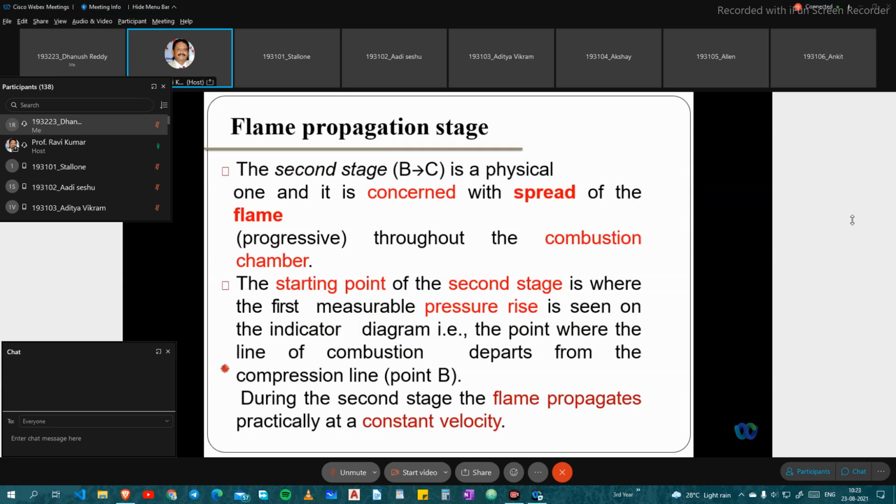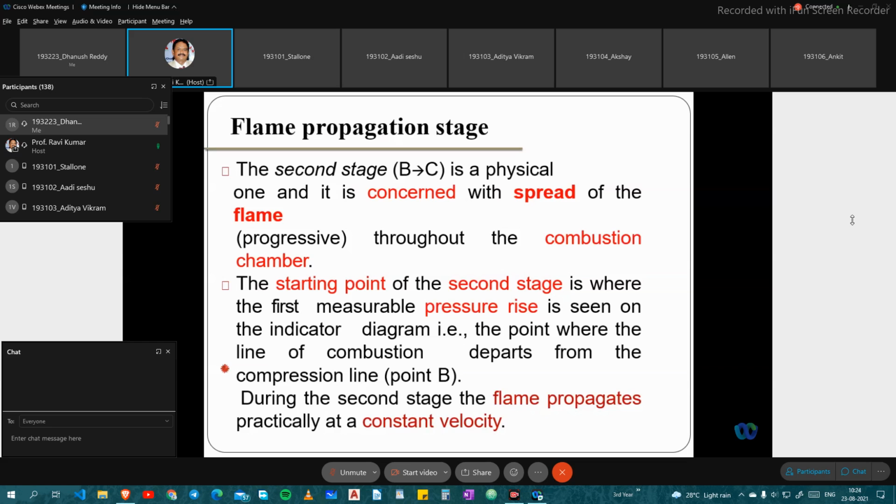The homogeneous mixture is spreading and progressing throughout the combustion chamber. The starting point of the second stage is where the first measurable pressure rise is seen on the indicator diagram, the point where the line of combustion departs from the compression line at point P. From A to B we compress it, and only at the end of the compression do we give the spark.